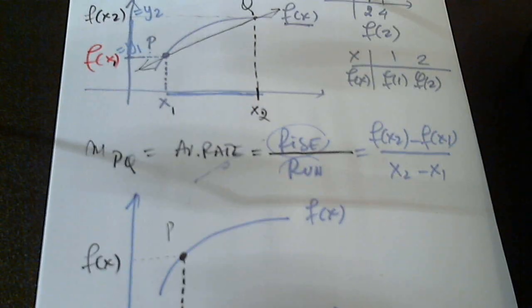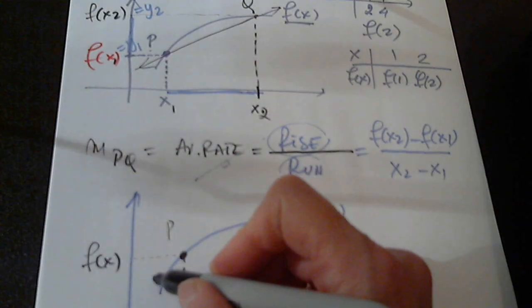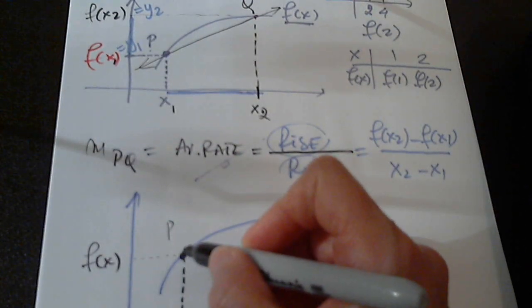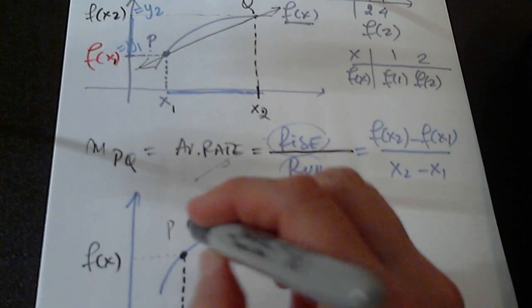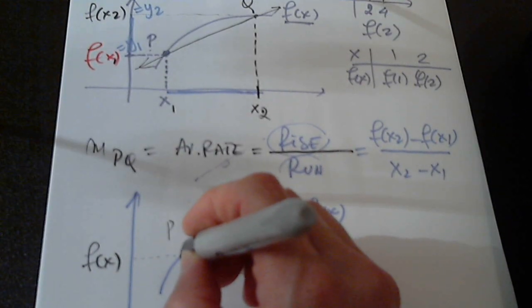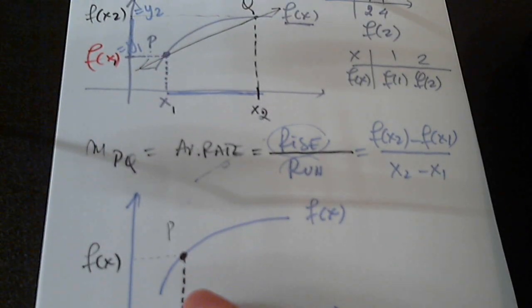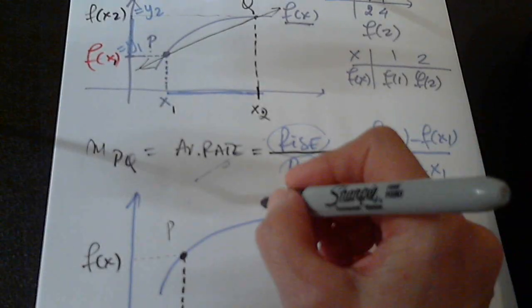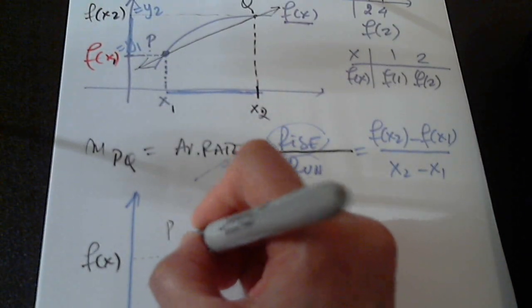Now, what I want to determine is the slope of the tangent line, if possible, the slope of the tangent line here, because I really want to determine the instantaneous velocity at P. But I can't because I only have one point. So I'm going to say that Q is very, very close here.